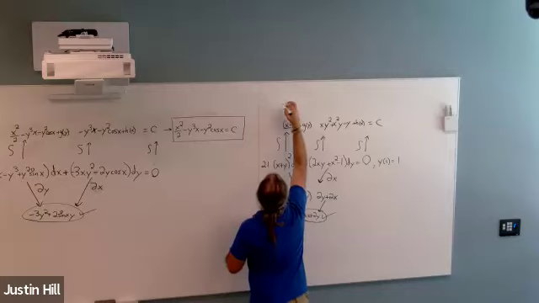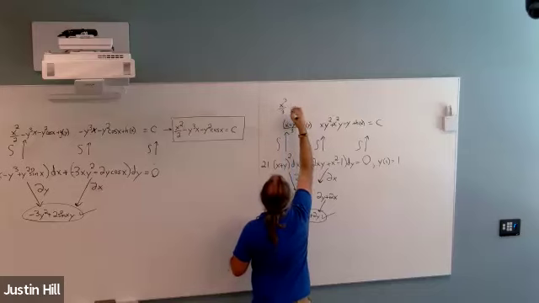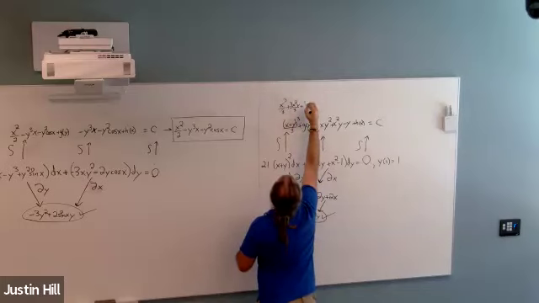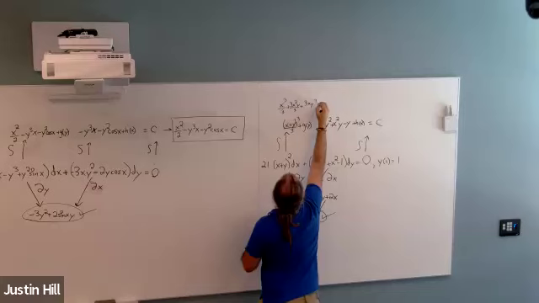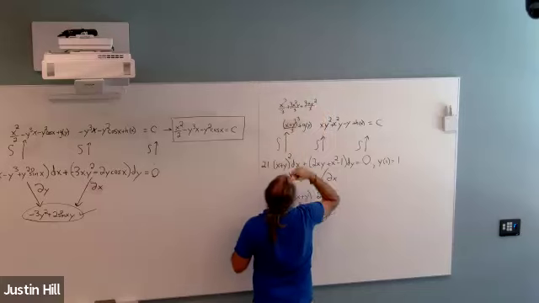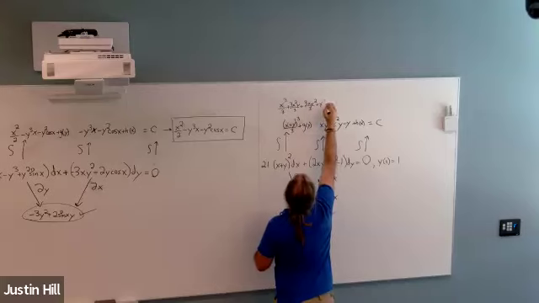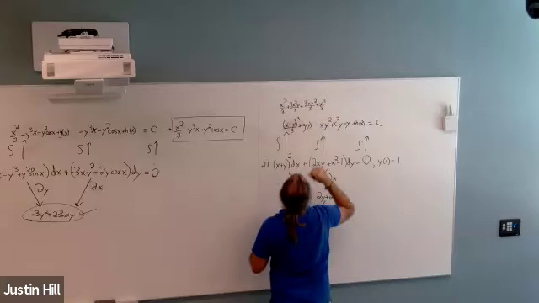What you'd end up with is x cubed divided by 3, plus 3x squared y divided by 3, plus 3xy squared divided by 3, and then plus y cubed divided by 3.